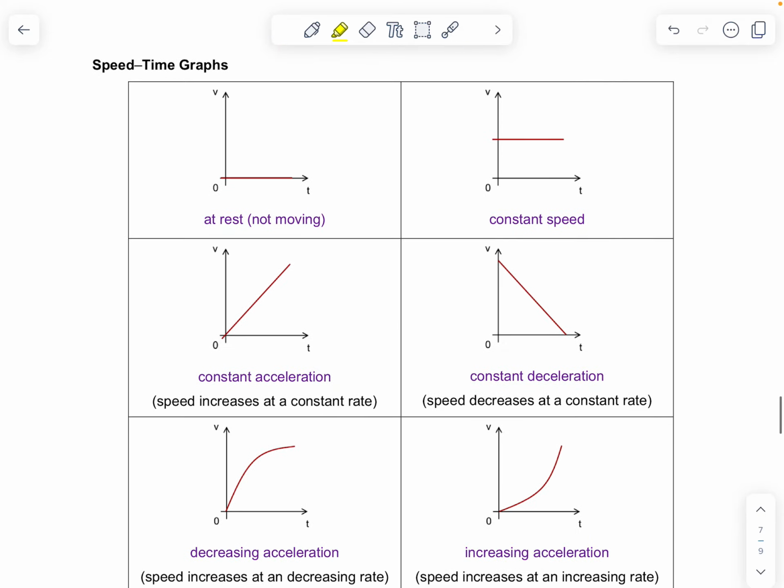Then next we upgrade to the speed time graph. Same thing, a straight line here means v is 0 meters per second, which means the object is at rest. If v is a constant, non-changing number, it means it's at constant speed. If it's increasing linearly, it means constant acceleration.